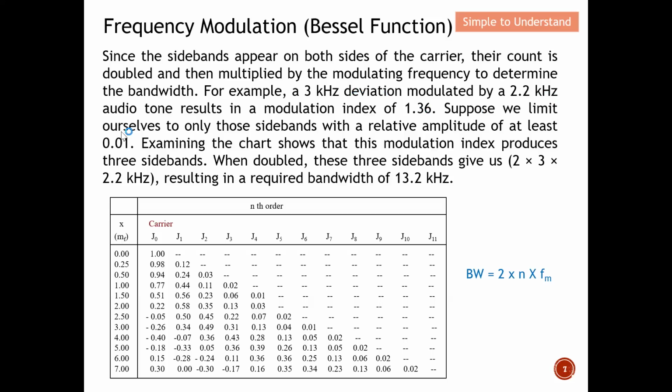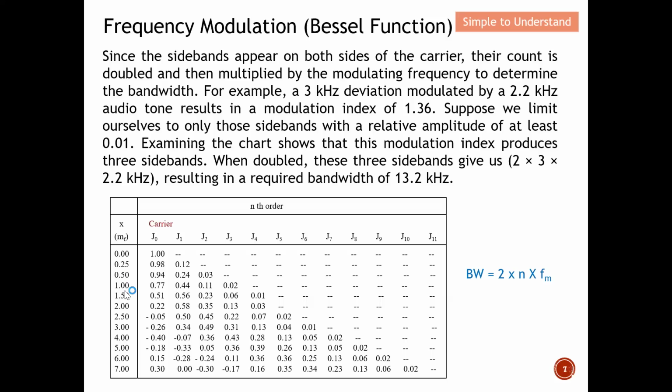Suppose we limit ourselves to only those sidebands with a relative amplitude of at least 0.01. So how can we examine this Bessel function table? Earlier on I computed that the modulation index is 1.36. In this column here, which is the modulation index, 1.36 is in between 1 and 1.5, right?